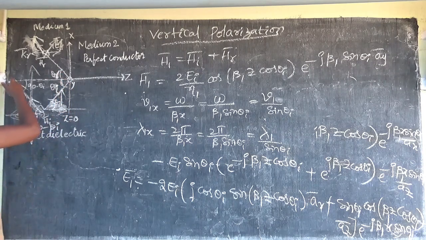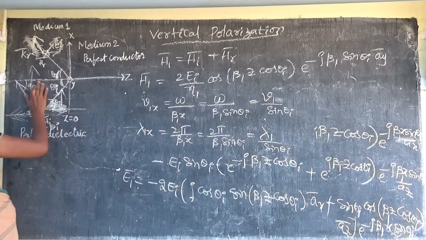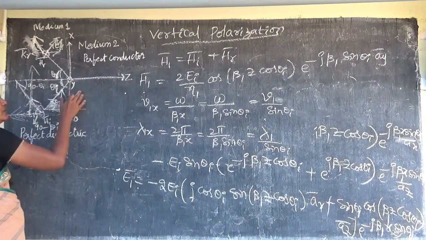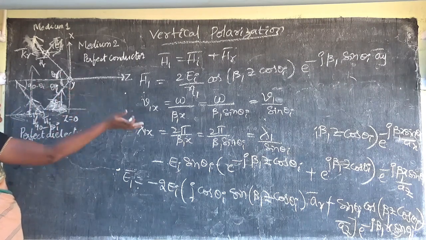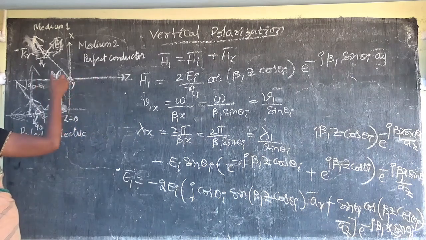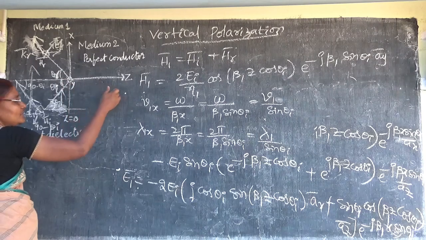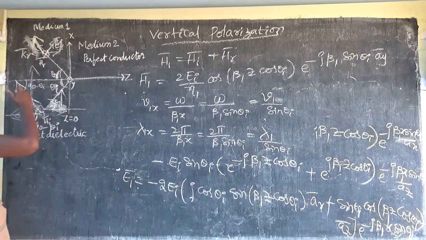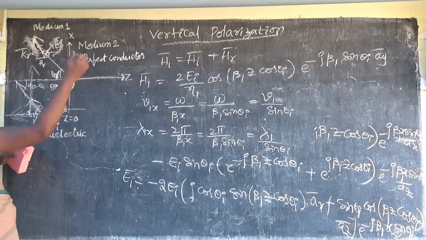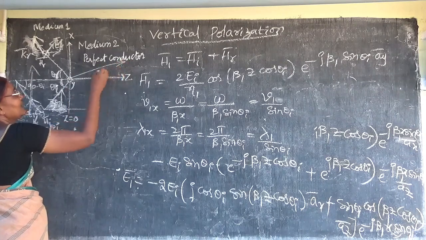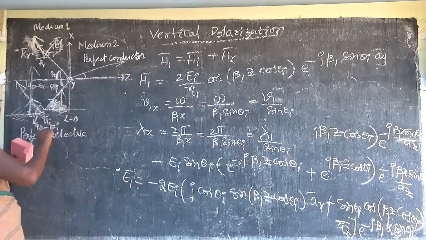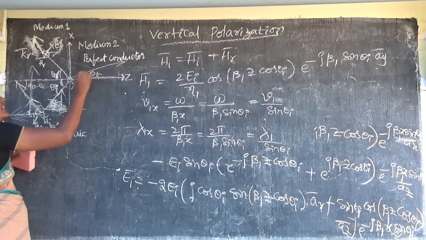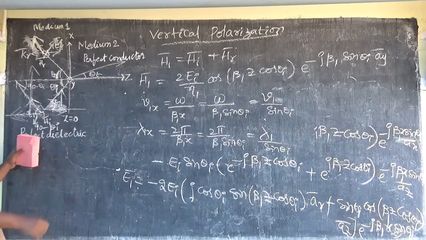Here the first medium is dielectric, and earlier the next was a conducting medium, so there is a change in properties. In the next topic we will see that both are dielectric media. Some part of the wave will be transmitted and only some part will be reflected. So the new component we get here is the transmitted component, with some refraction at theta t. Some wave is transmitted and some wave is reflected. The total wave will not be reflected.